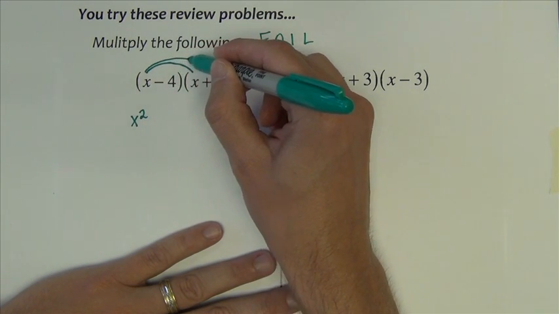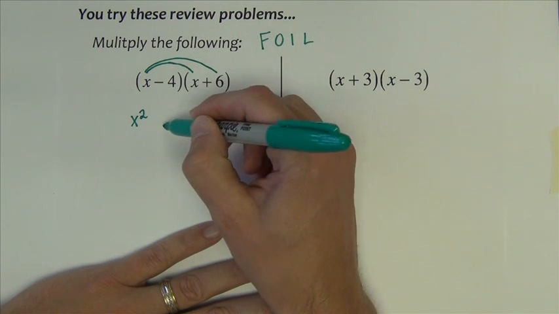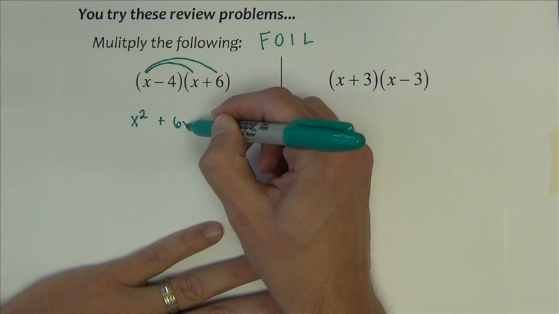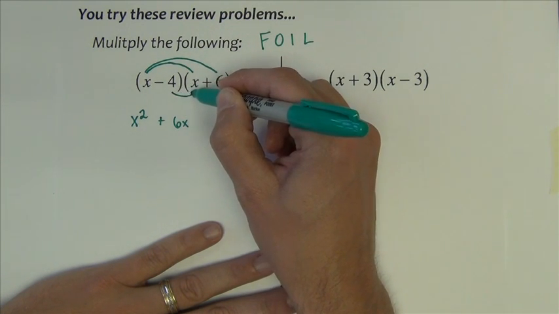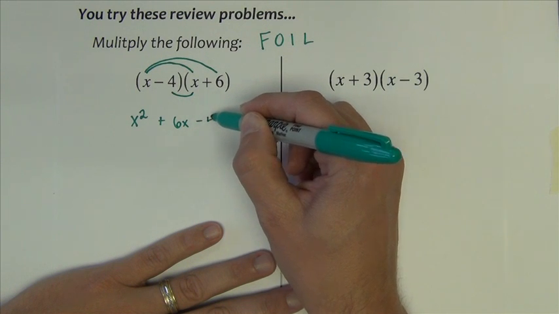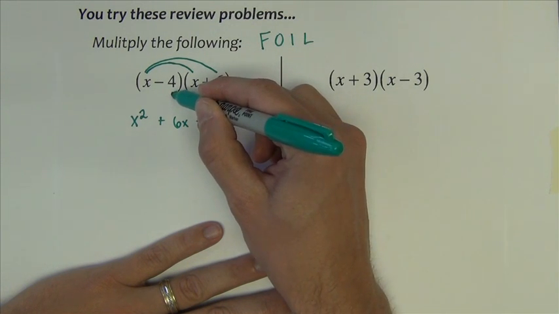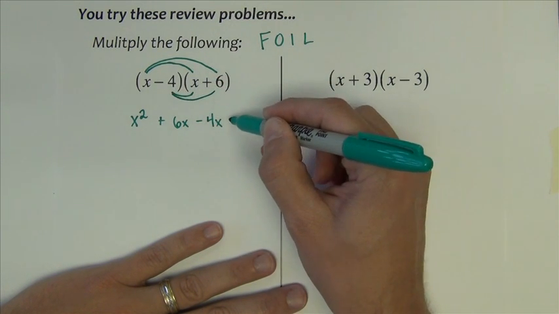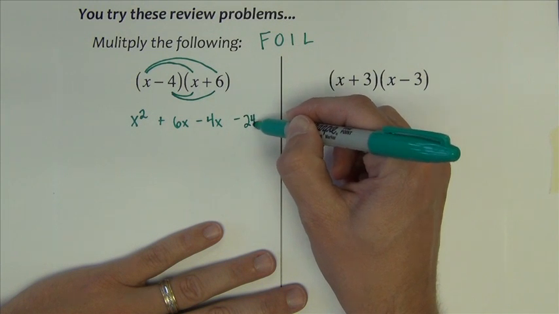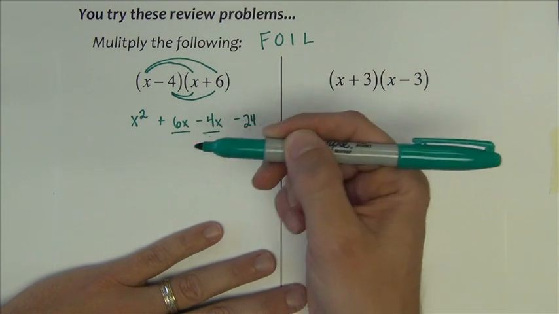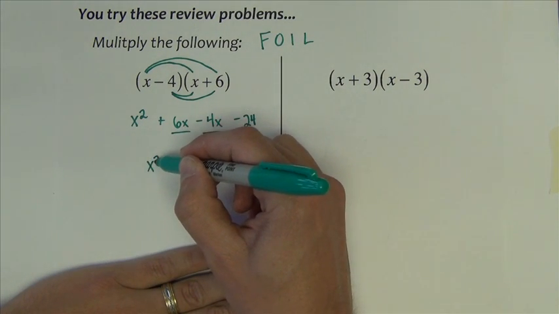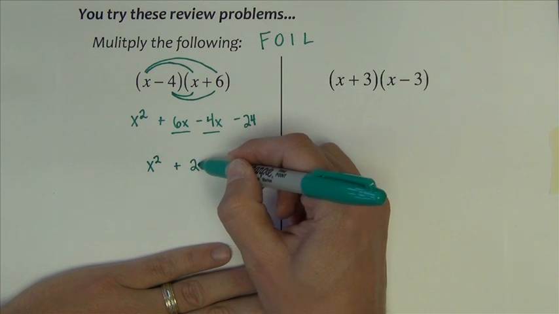The outside of the binomials, x times 6 is 6x. The inside, negative 4 times x is negative 4x. And the last in each, negative 4 times 6 is negative 24. We combine our like terms, which are these x's, and we end with x squared plus 2x minus 24.